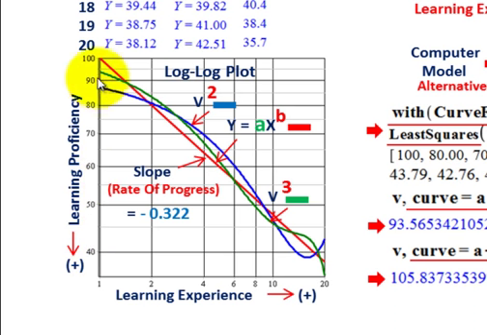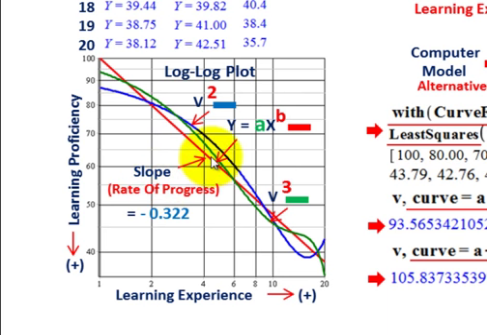We started out with that 100 hours per unit, and we drive it down as we increase our production. And then our learning experience is along our x-axis. So as we increase our output, we gain more learning experience, and our learning efficiency is going to go up. That is what we're showing here on this log-log paper.